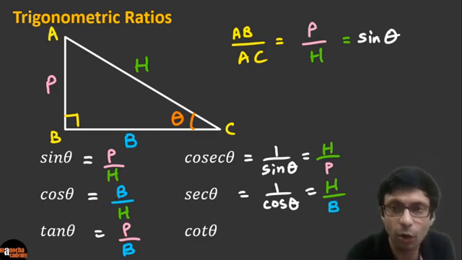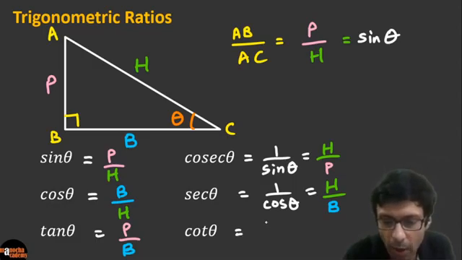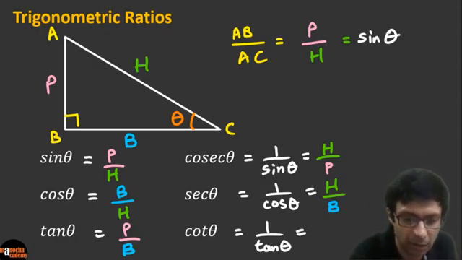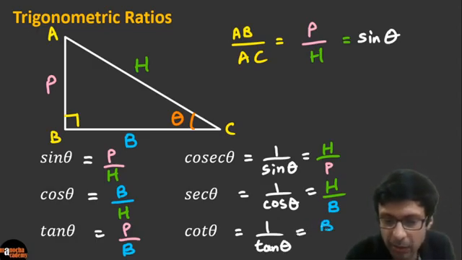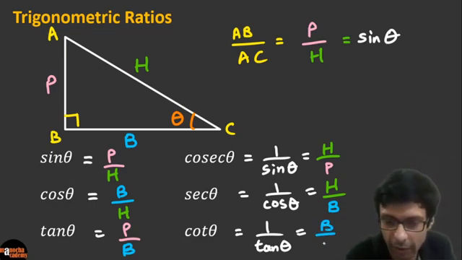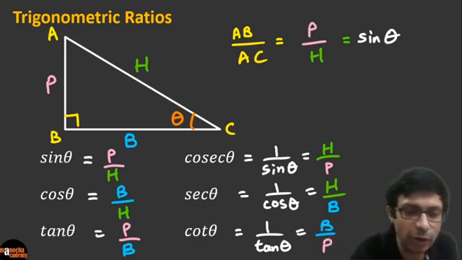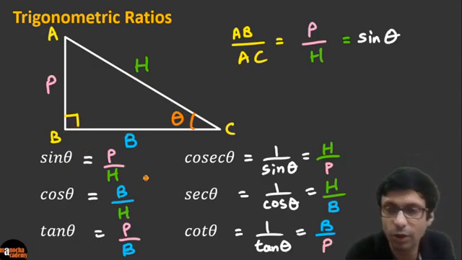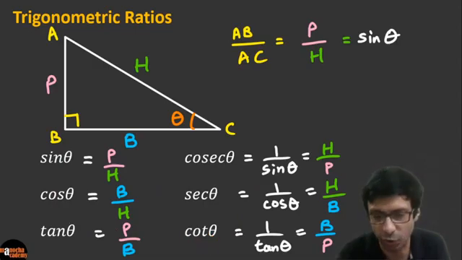And similarly, cot theta is defined as 1 by tan theta. So these are just the reciprocal ratios. And so what is that going to be, guys? It's going to be base by perpendicular. Okay. So pretty simple. Actually, you guys just need to learn what is sine theta, cos theta, tan theta, and these guys are just the reciprocal ratios.